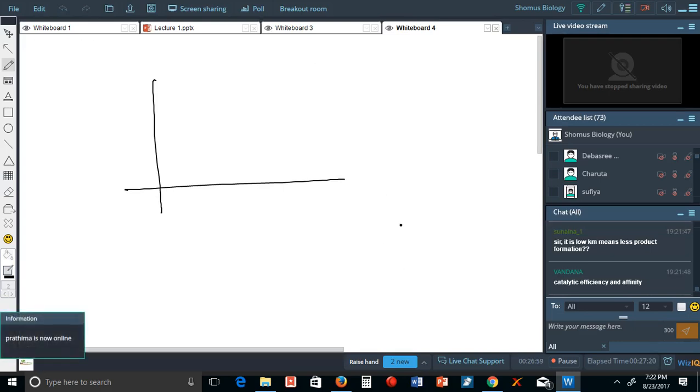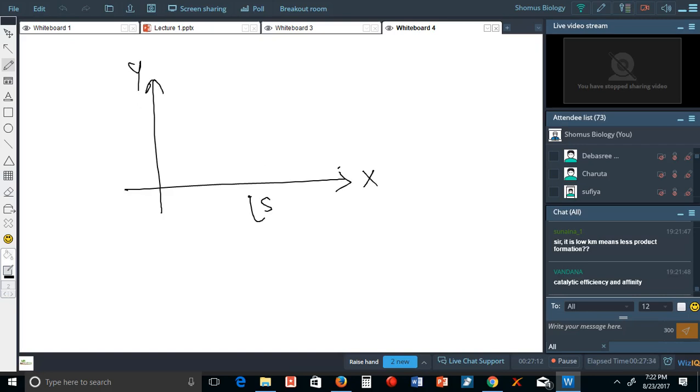Let me draw this for an enzymatic reaction, where we put the substrate concentration in the x-axis and the velocity in the y-axis. It starts from some point here and goes something like this.